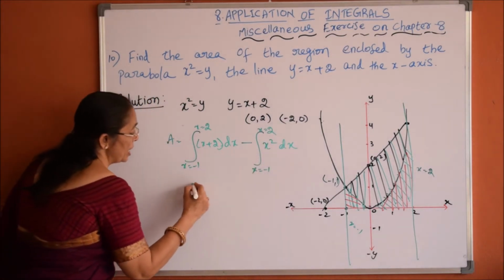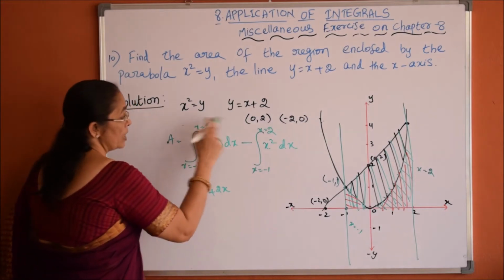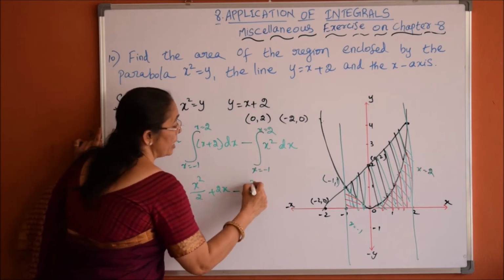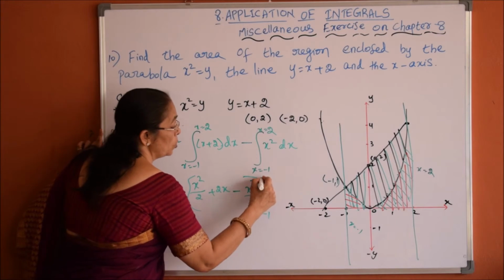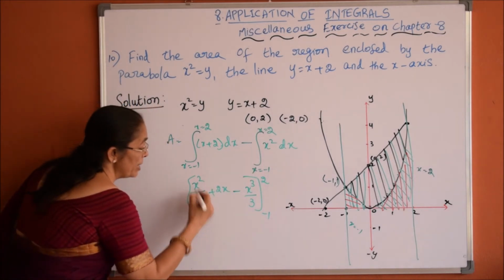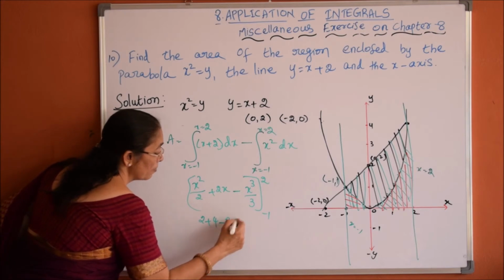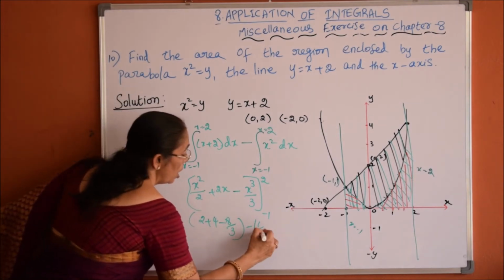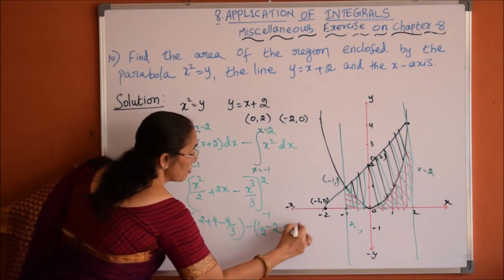So, the integration of x squared by 2 plus 2x, limits minus 1 to 2, and here too the limits are minus 1 to 2. So we can write directly minus x cubed by 3, limits minus 1 to 2. Applying the limits: 2 plus 4 minus 8 by 3, minus the lower limit, half minus 2 plus 1 by 3.